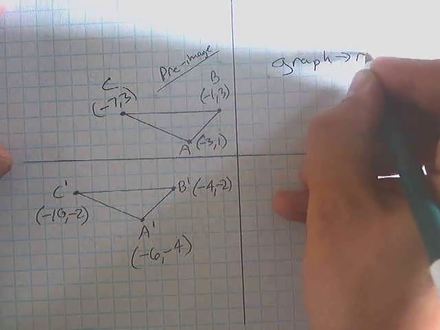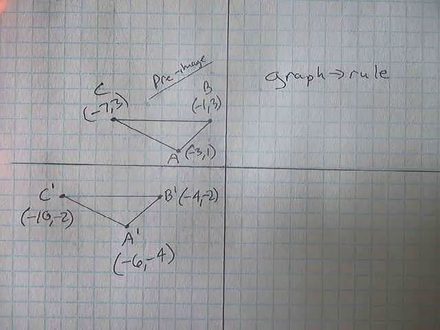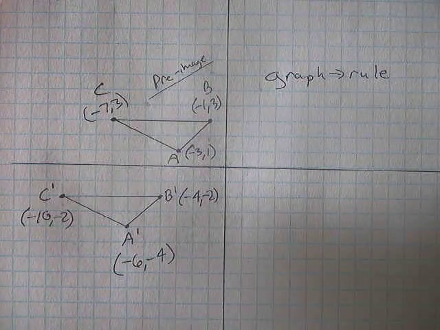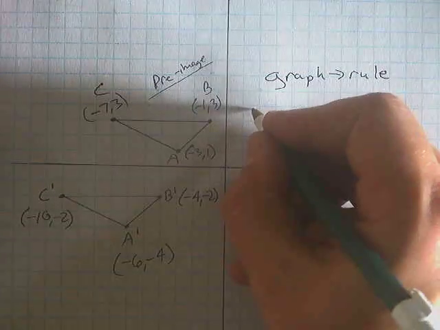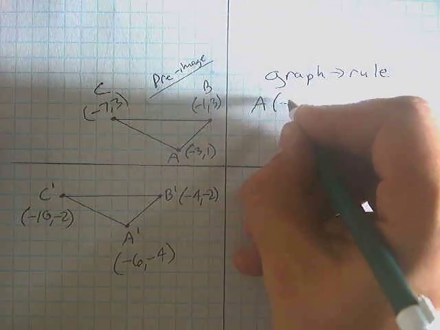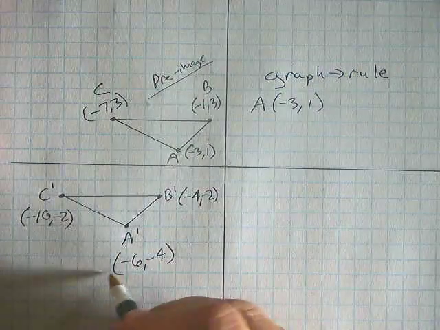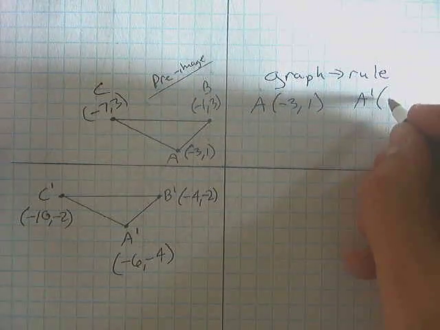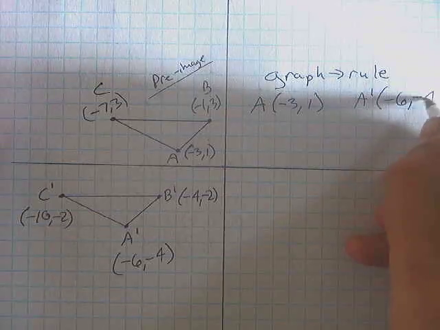So it's -10, -2. So now the second part of that success criteria is we want to go from a graph to a rule.